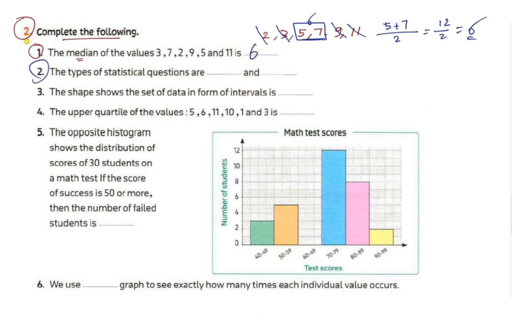Point 2. The types of statistical questions are blank and blank. Now the question is, what are the types of statistical question? I have 2 groups of statistical question. A statistical question may be categorical data or numerical data.